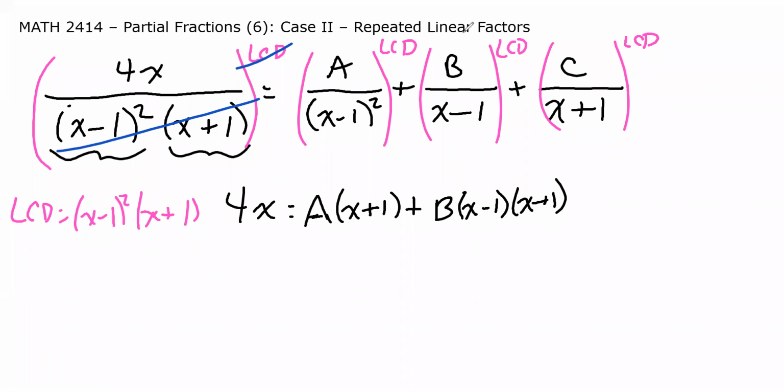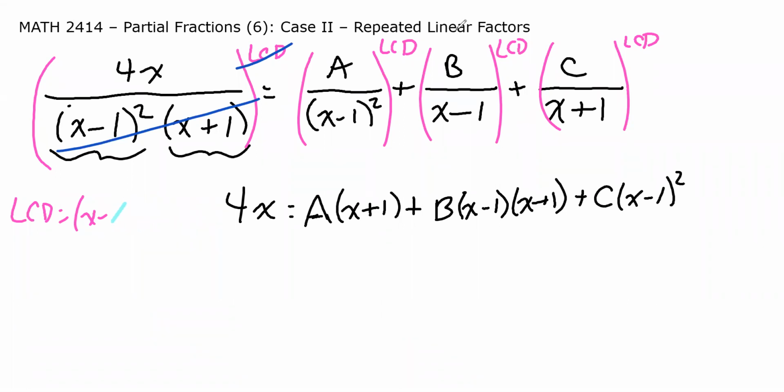And the result of multiplying the third fraction is pretty easy to see. The c will be left over. And when we multiply the least common denominator times this fraction, the x plus 1s cancel, and that leaves an x minus 1 squared. All right. So we've managed to clear out the fractions.